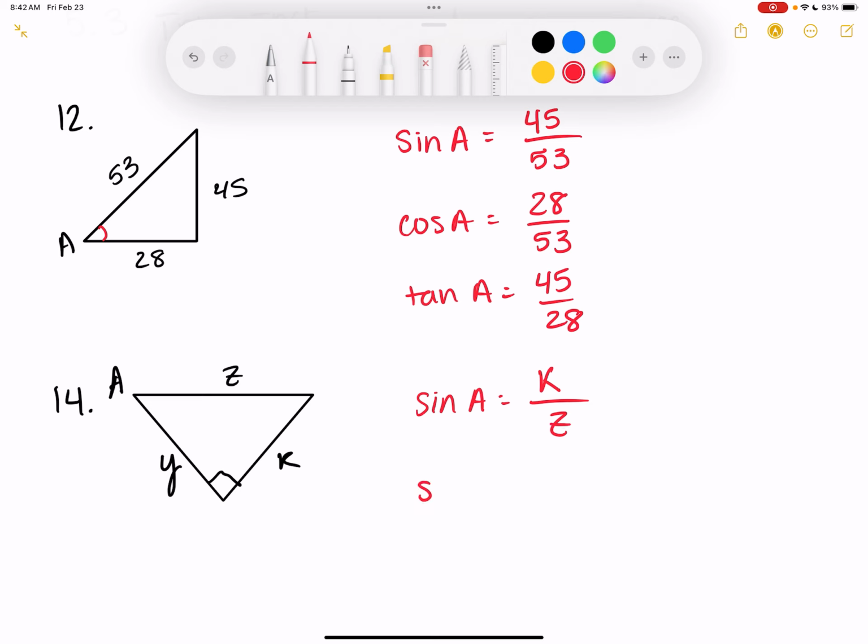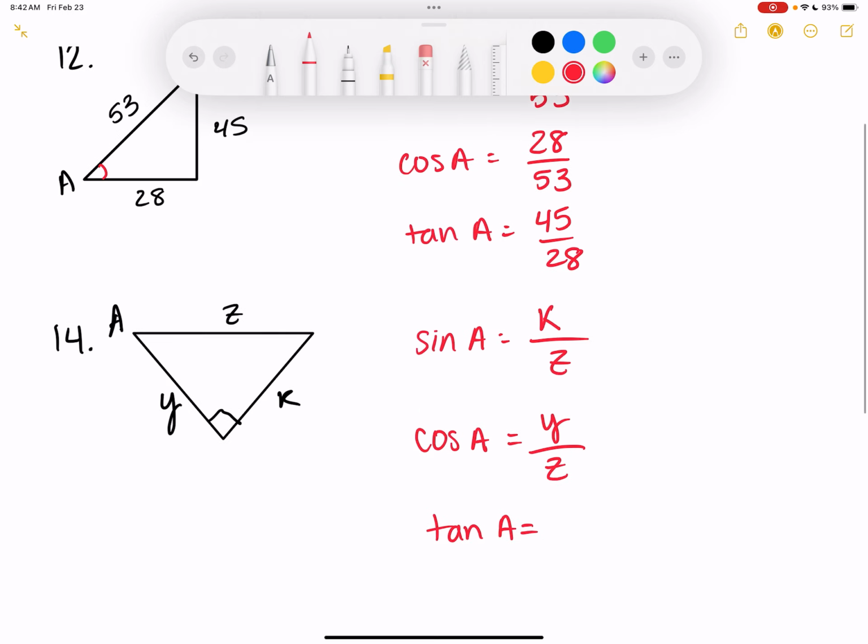Cosine of A: Y over Z, so adjacent over Z. Tangent of A: K over Y.